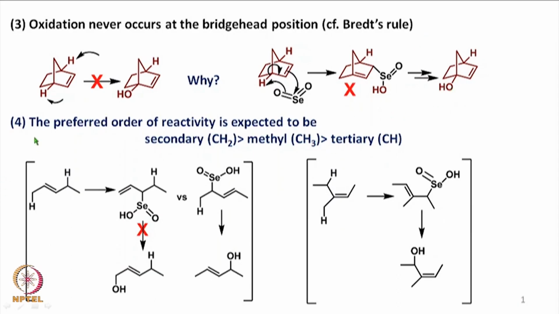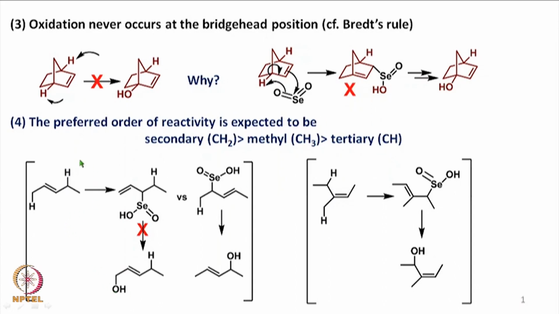According to the fourth rule, the preferred order of reactivity is that the secondary allylic hydrogen, that is of CH2 type, is oxidized over, say, allylic methyl hydrogen, which is oxidized preferentially over allylic tertiary hydrogen.